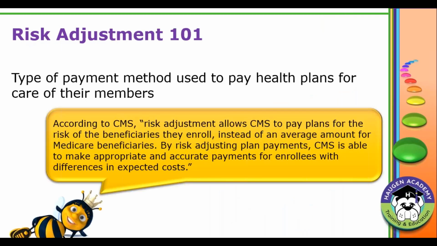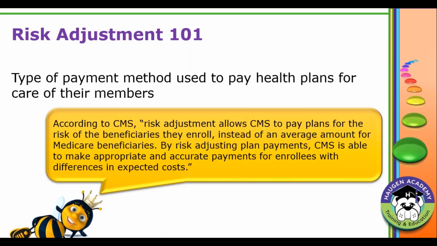So risk adjustment is a type of payment method, and HCCs fall into a risk adjustment model. This is a process that organizations use to pay health plans for care of their members. The most prominent example we have is the CMS model.